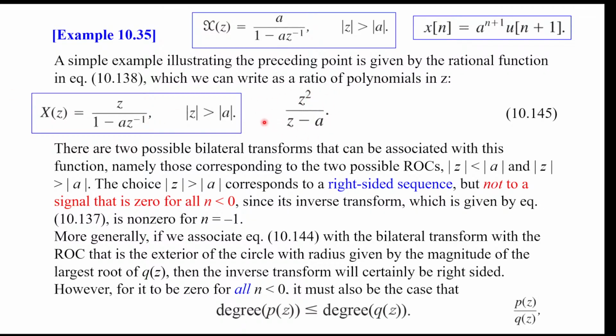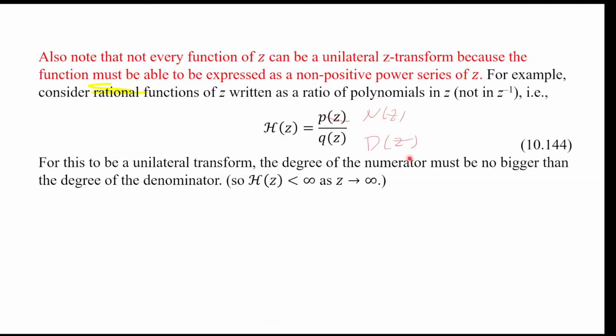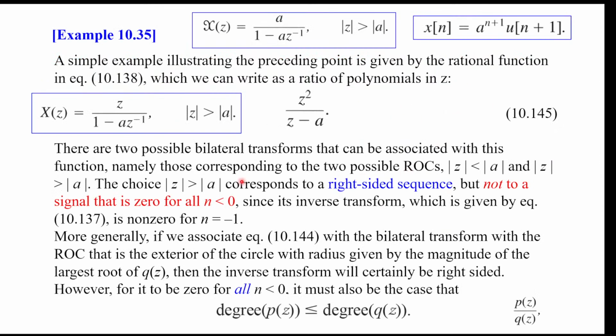We see that this polynomial goes to infinity as z goes to infinity, so this cannot be expressed as a power series that only has non-positive powers. So this rational function of z cannot be a unilateral Z transform, even if you pick the outside RoC.